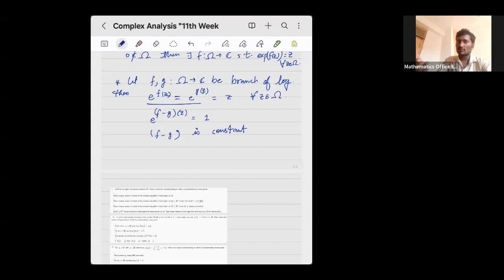Because it could be 0, it could be 2 pi i, 4 pi i, something like that. Because we are going to get e to the power some constant, and that is equal to 1. So f minus g is a constant of the form 2 pi i k. So it is a constant of this format, right?